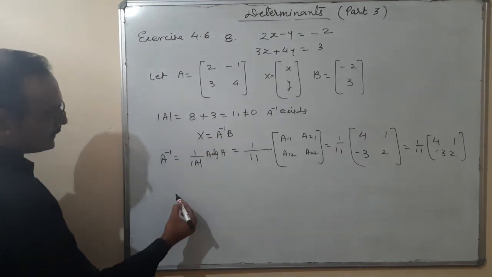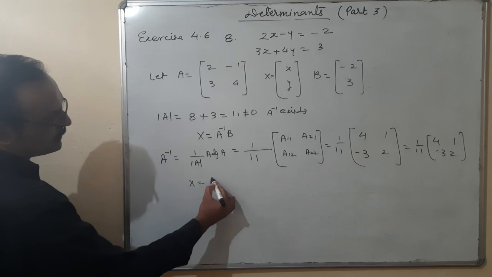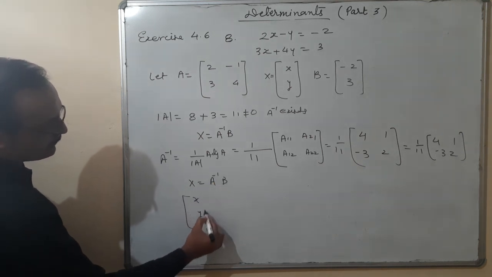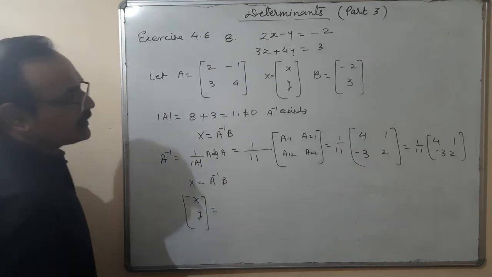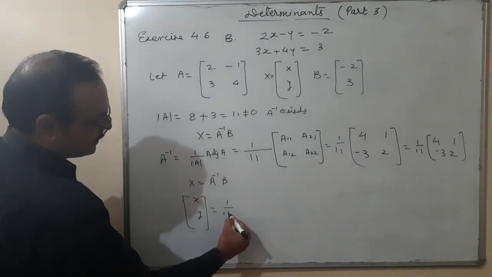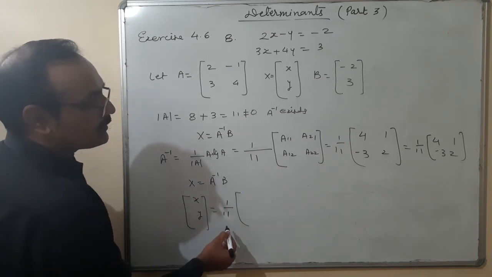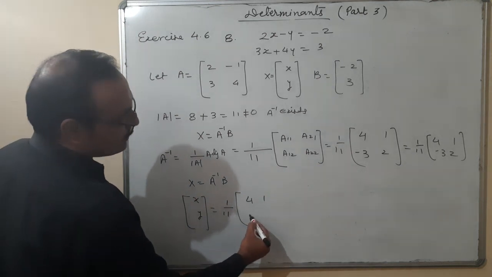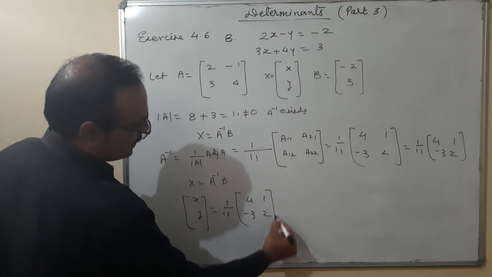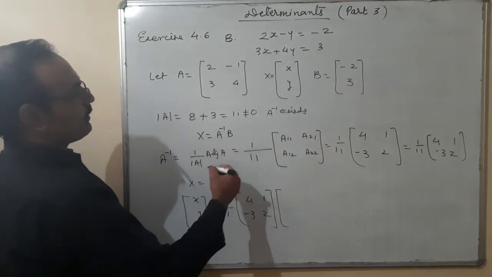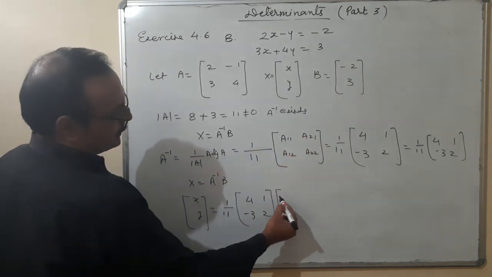And X is equal to A inverse B. The value of X, that is x y, is equal to A inverse. I have got the A inverse 1 upon 11. It is not necessary to multiply inside. You can leave this term outside also. 4 1 minus 3 2, and B. The value of B is minus 2 and 3.